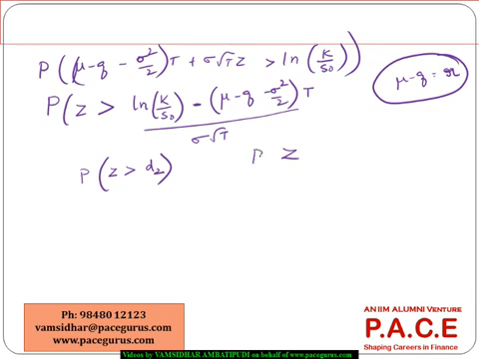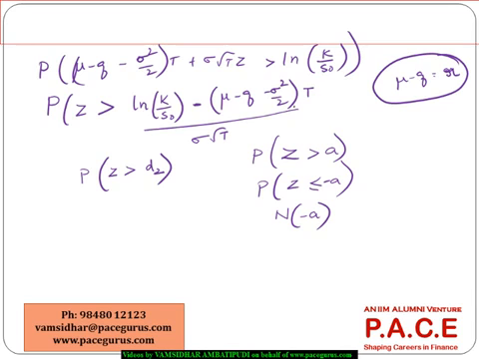So when I take z greater than a, I could find it. In the normal case, I can write that this is the probability of z greater than a, or probably z less than or equal to minus a. The probability of z greater than a is nothing but the probability of z less than or equal to minus a, and I could very well write it as n of minus a as well.